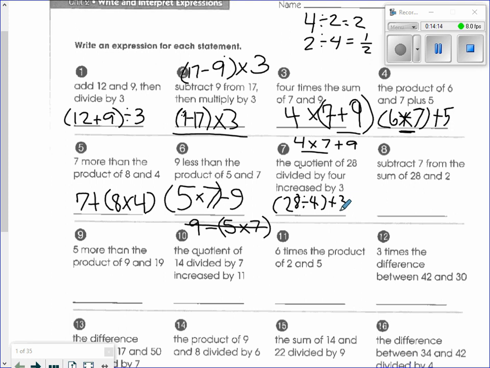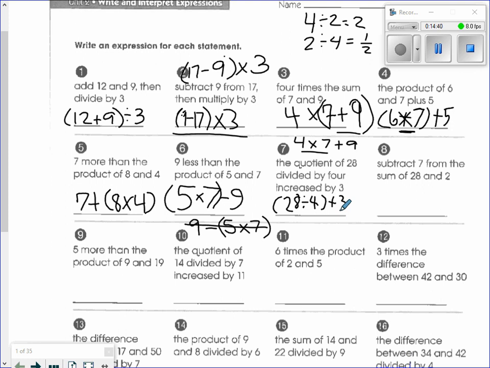Correct, sir. So quotient is just the answer that you get when you divide. So the quotient of 28 divided by 4 increased by 3. When you increase something, you're making it larger. You're making it go higher. It's getting bigger. So I need to take my answer, my quotient, and add 3 to it.